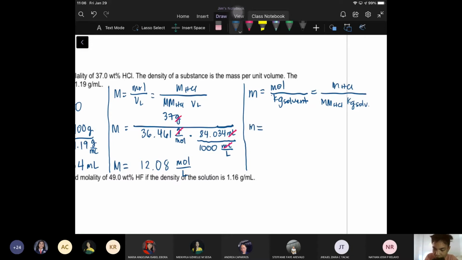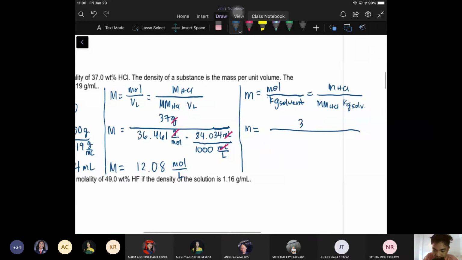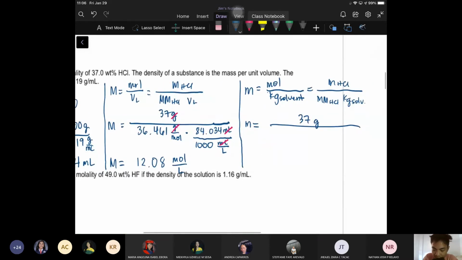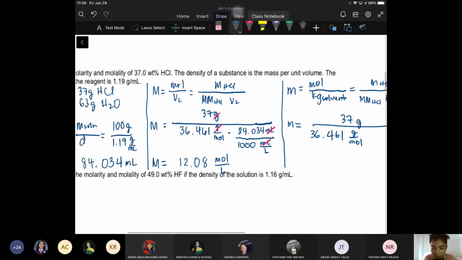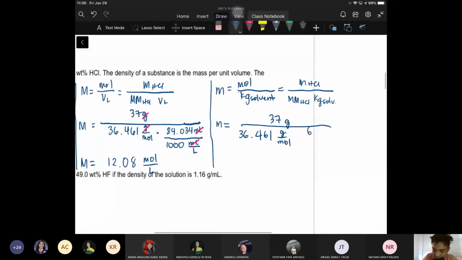Then let's plug in all the info. So we have 37 grams HCl. The molar mass still the same. Copy-paste lang yan. And for the kilograms of solvent, ano yung mass ng solvent? Okay, so sabi natin kanina, the mass of the solvent is 63 grams. Copy lang natin yan. 63 grams. Hala sir, kailangan kilogram.